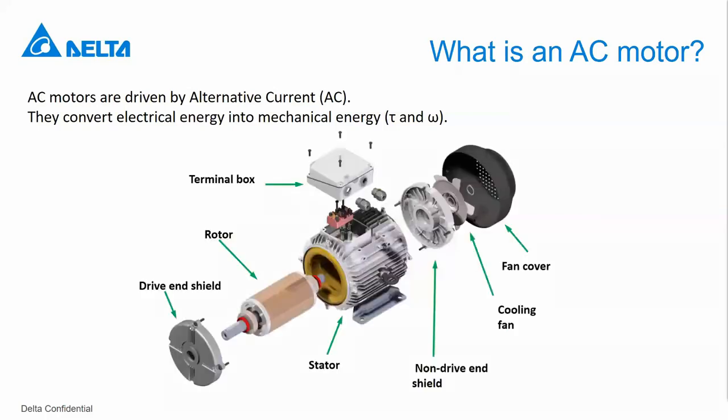You can see here a complete list of all the components of a typical motor. Both PM and IM motors, so both permanent magnet and induction motors, work on the principle of the rotating magnetic field. That means the stator generates a magnetic field which pushes the rotor in a rotary movement.